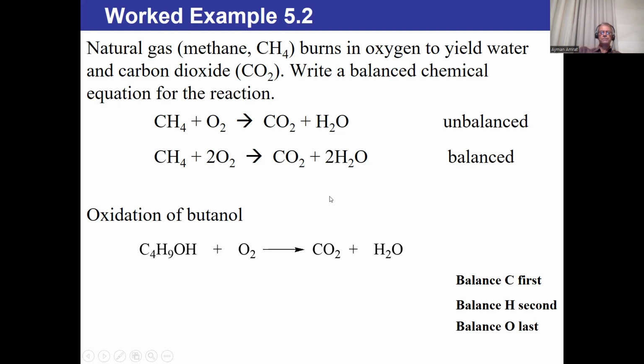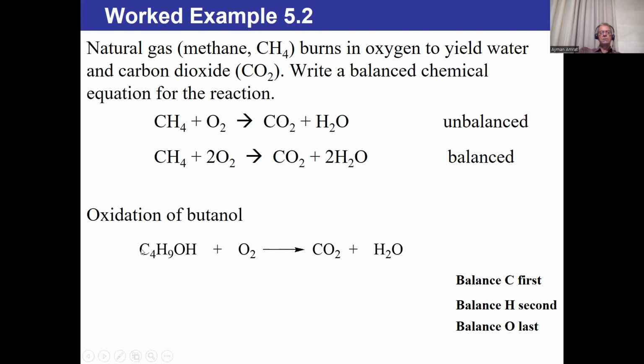Oxidation of butanol. This is the equation. Oxidation or combustion reactions always result in carbon dioxide and water. In this equation, C4H9OH, butanol, with oxygen O2 produces carbon dioxide and water, but the equation is unbalanced.